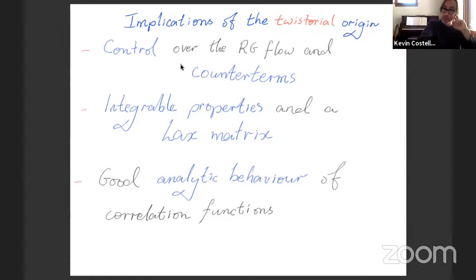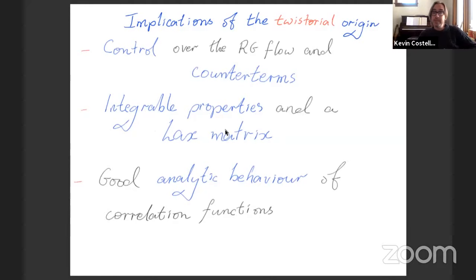So I find this quite remarkable because it's a non-renormalizable theory in 4 dimensions. So normally at the quantum level, that's a big mess because there's an infinite number. As you go further in the loop expansion, there's more and more counterterms you can include. But the claim is that if you want to be consistent with the twistor space, we still have good control over those, and those are fixed.